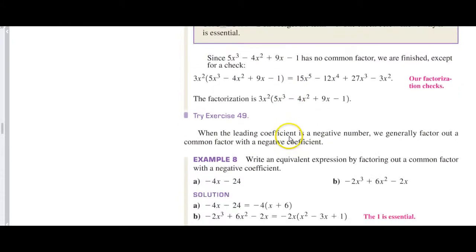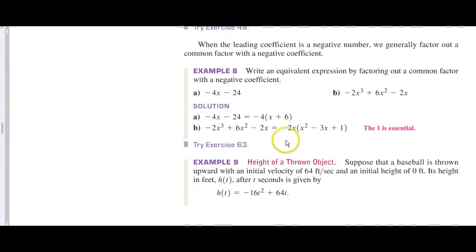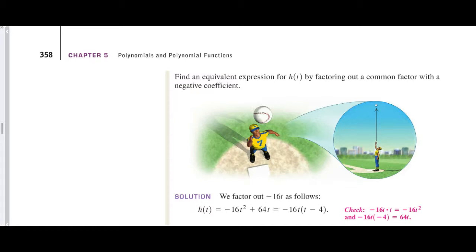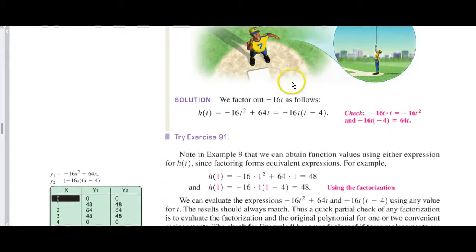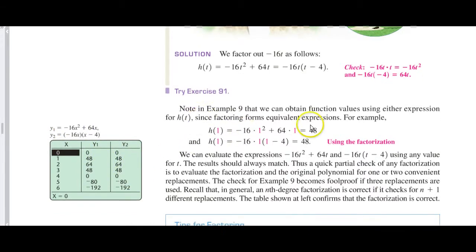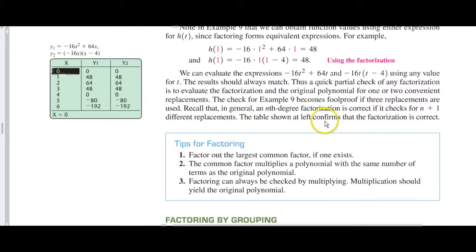Did they want us to do something with this? Nope. They didn't want to ask us about what the height is at any particular time. But if we're using our graphing calculator, we could set up some values for this.